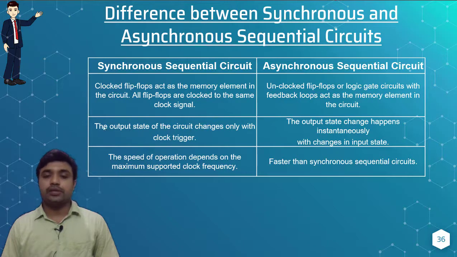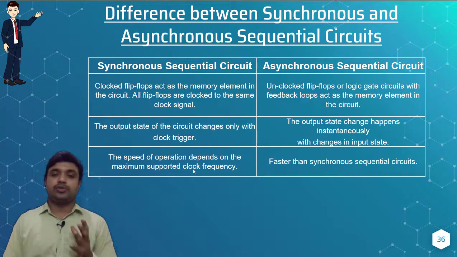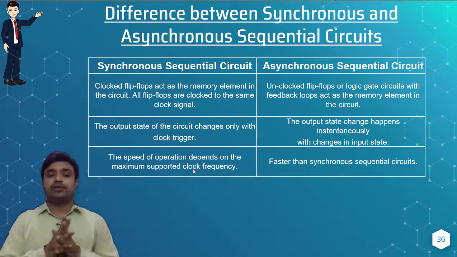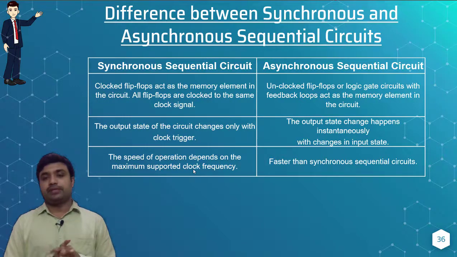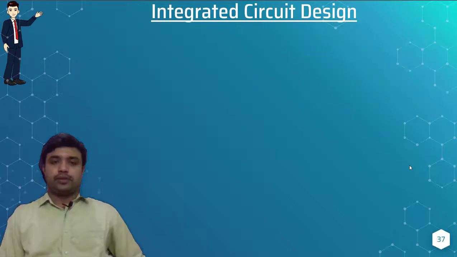The last is that the speed of operation depends on the maximum supported clock frequency. It completely deals with clock signals, so the overall speed of operation depends on the maximum clock frequency. Whereas asynchronous sequential circuits are faster than synchronous sequential circuits.